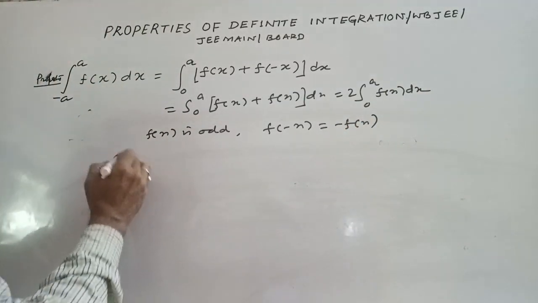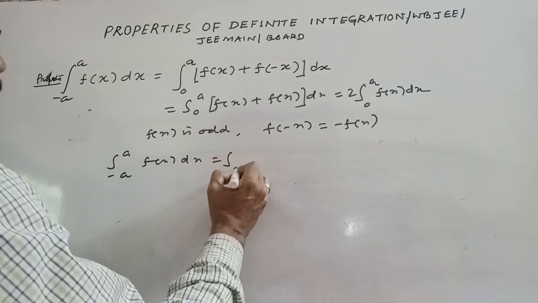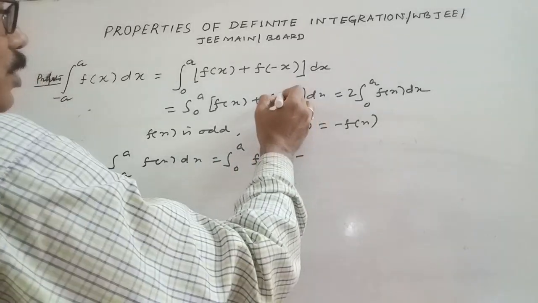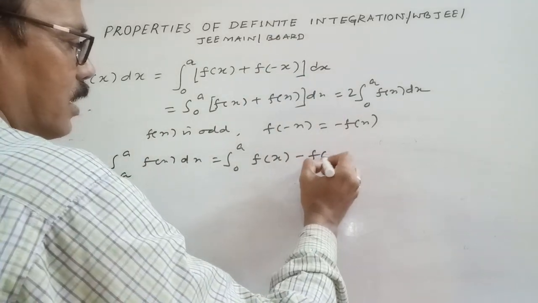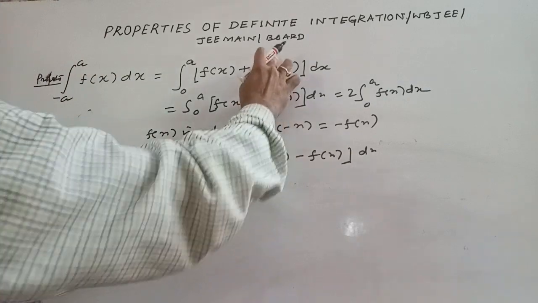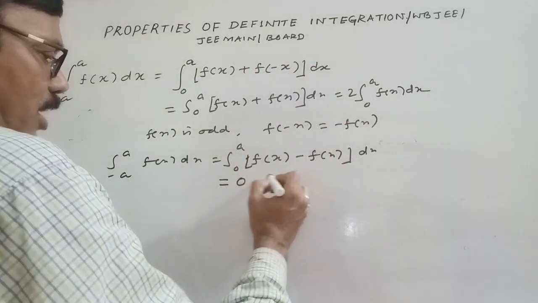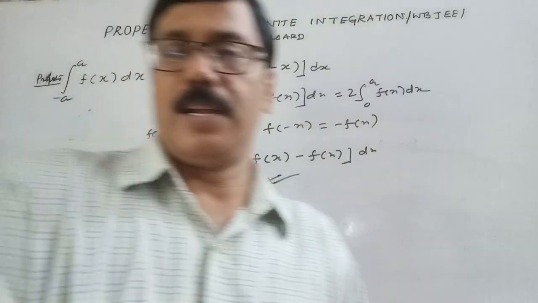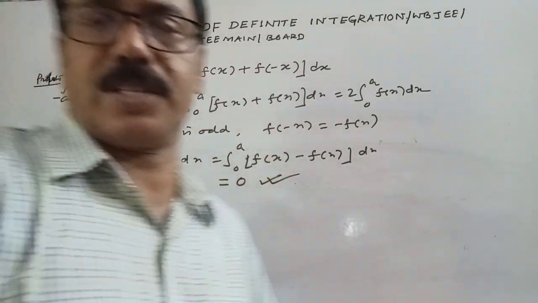Look, integral from minus a to plus a of f(x) dx equals integral from 0 to a of [f(x) plus f(minus x)], and f(minus x) is minus f(x). So this is cancelled out. So we are getting important result. All of you know this.